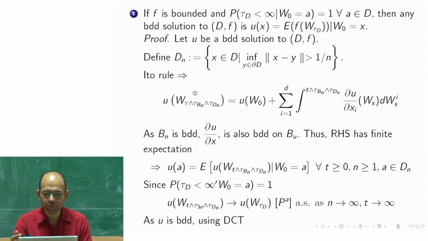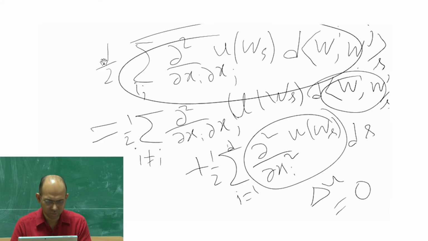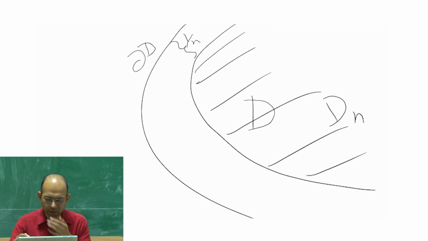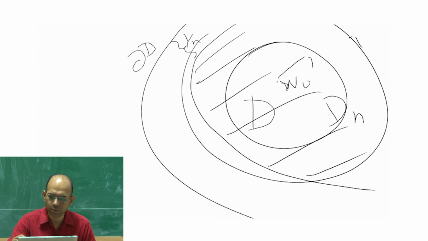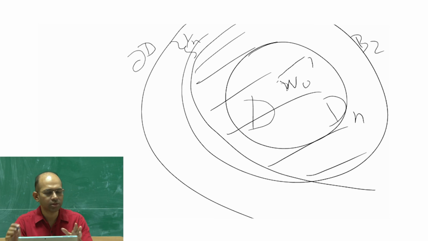Ito's rule, together with u being harmonic, implies that u(W(t ∧ τ_Bn ∧ τ_Dn)) is an integral of the gradient. And what is τ_Bn here? Imagine you have started from here, that is your W_0, and then you take a ball of radius 1, then a ball of radius 2, so this would be B_2, etc. Consider taking various different balls.